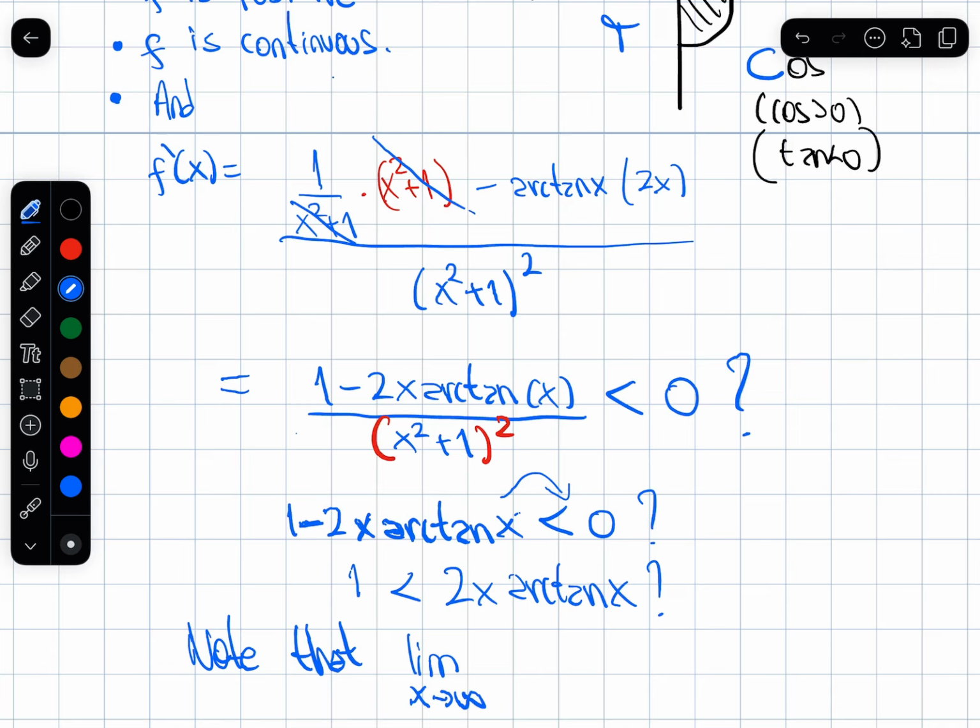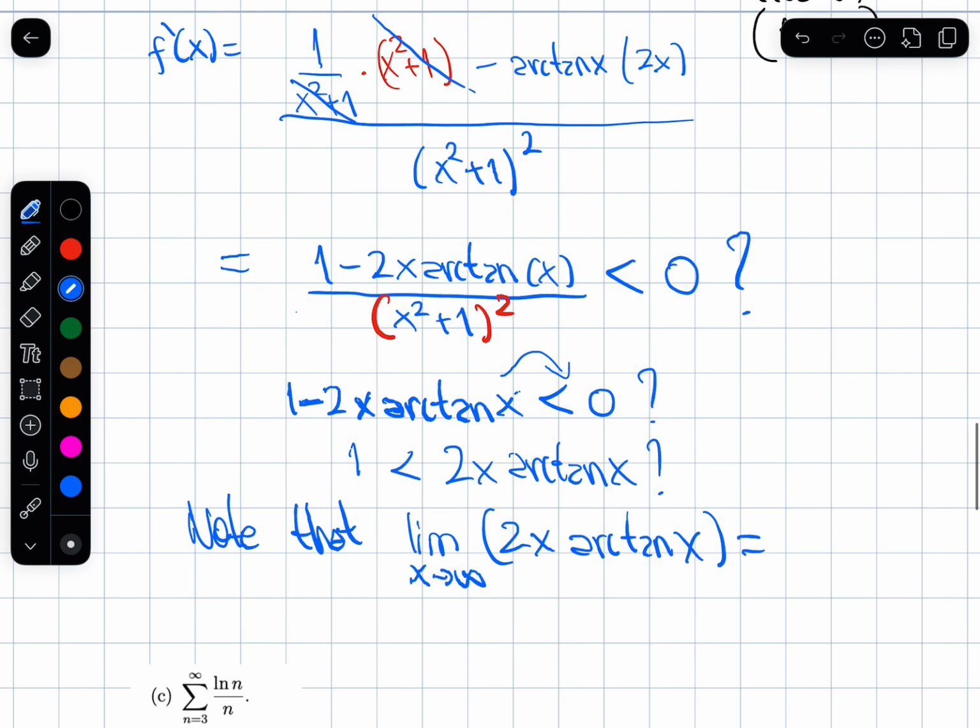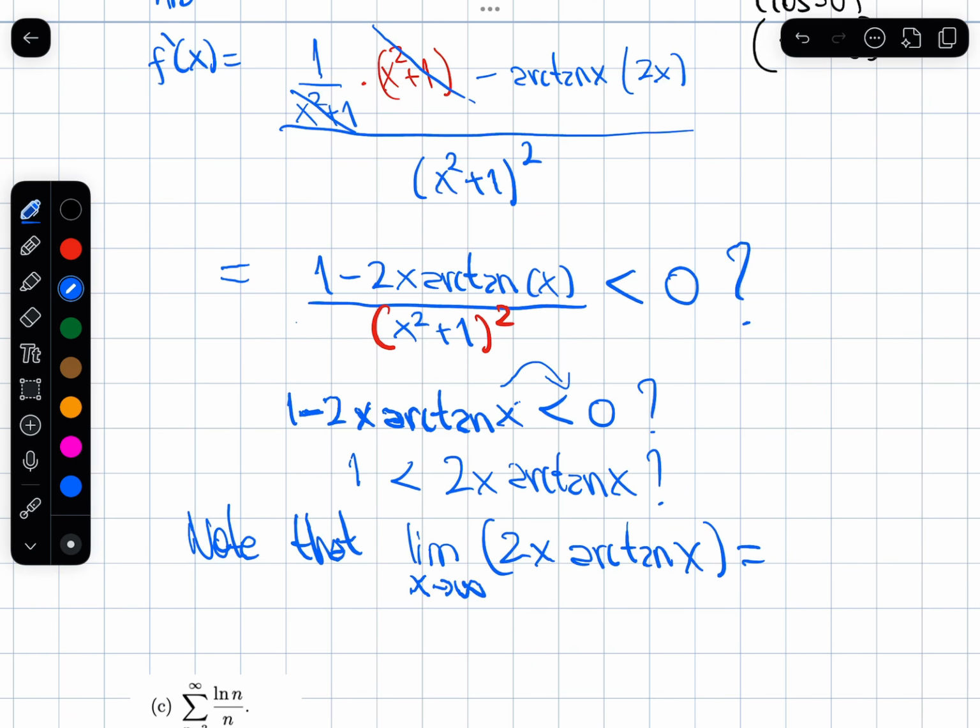When x goes to infinity, 2x over arctangent x is what? As x grows, this is going to go to pi over 2, the arctangent of infinity, right? And this is going to go to infinity. So it's 2 times infinity times pi over 2, basically.